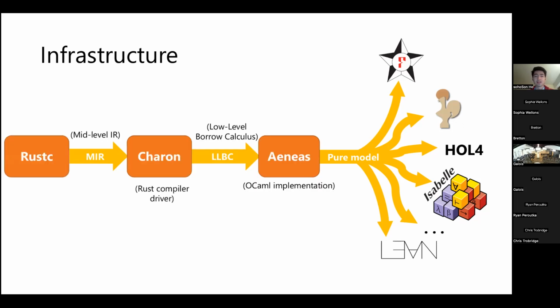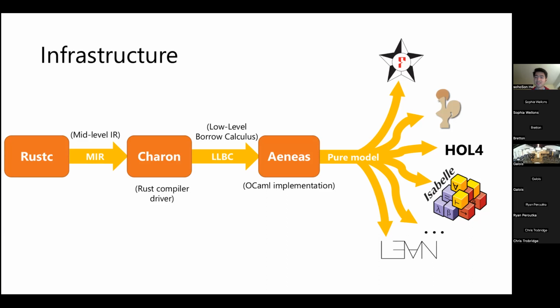Now, in practice, the infrastructure is as follows. On the left, you have the Rust compiler, and we have developed Charon, which is a driver for the Rust compiler and which extracts its output, more precisely the MIR, which is one of the ASTs output by the Rust compiler. The reason why we have this driver is that the MIR is a bit complex, and it's also very technical to retrieve this output.